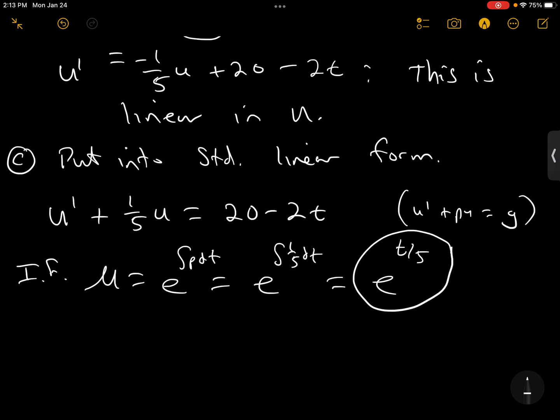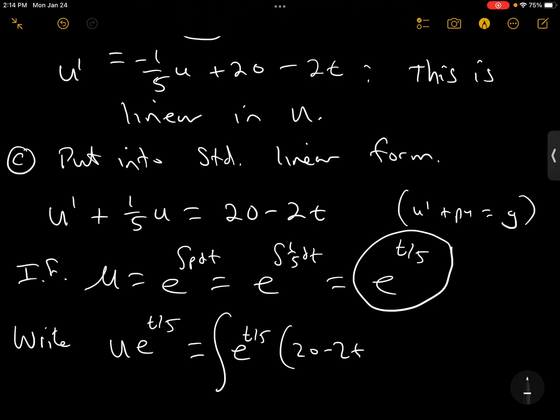Now we write down u mu equals the integral of mu times g dt.